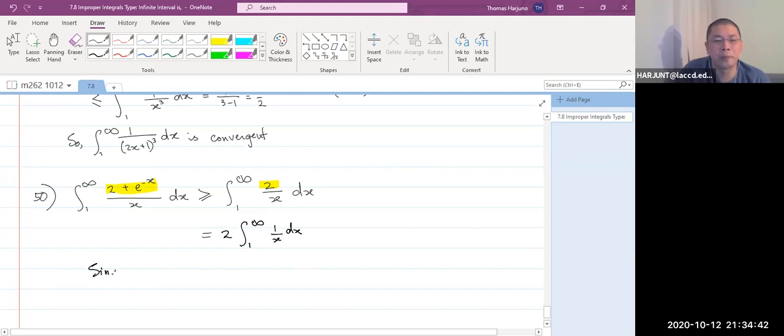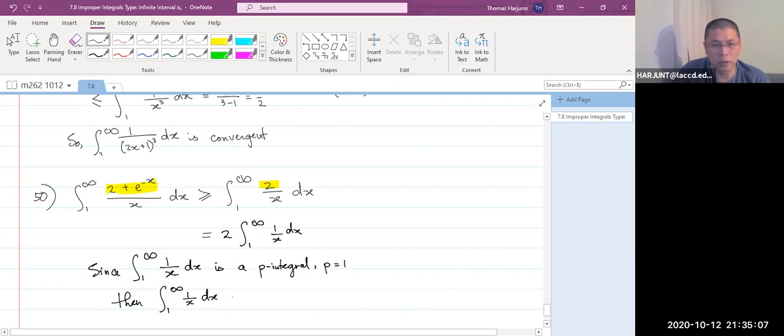Since the integral from 1 to infinity of 1 over x dx is a p-integral with p equals 1, then this integral is divergent.